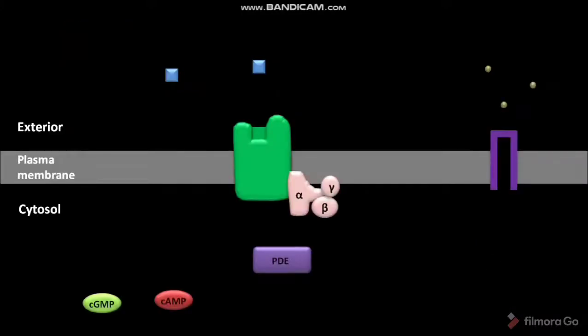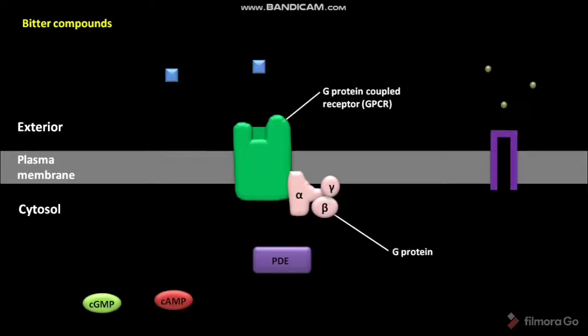In another way to detect bitter compounds, the taste cell uses a different strategy. In this case, the G protein coupled receptor or GPCR is coupled with a G protein having alpha subunit, beta subunit and gamma subunit. The bitter stimulus present in the exterior of the taste cell first binds to the GPCR.